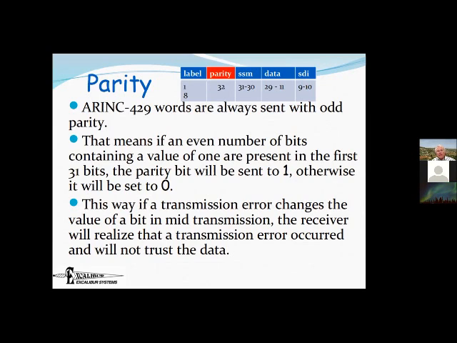Now, this is not a perfect way of knowing that nothing went wrong, because if 2 bits are changed, the parity will remain the same. But the likelihood of that happening is astronomically small, so we satisfy ourselves with a single parity bit. There are things called Hamming codes, which are ways of doing more complex checking. There are also CRCs, but it's not relevant if your entire message is only 32 bits.